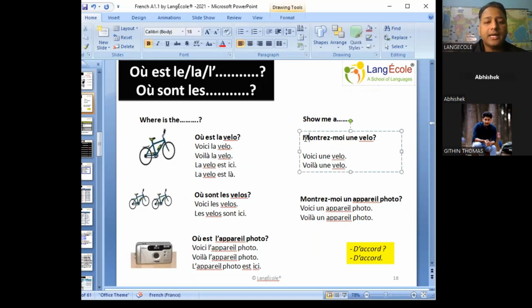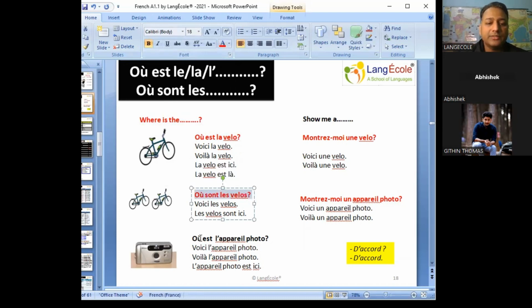And there is another question also that I have tried to put here. Montrez-moi un vélo. Montrez means to show, so montrez-moi means show me. In this case we are again using another question.